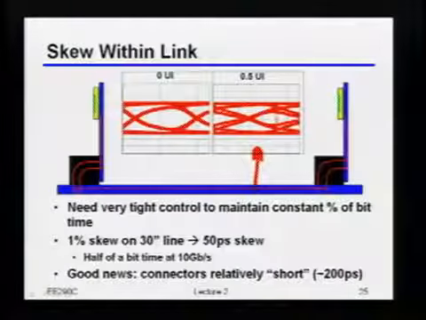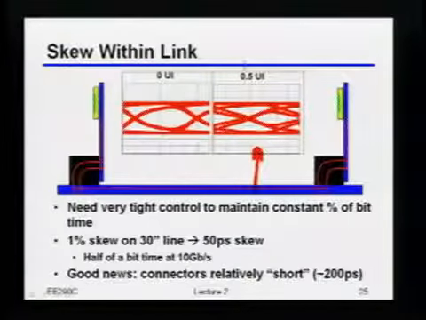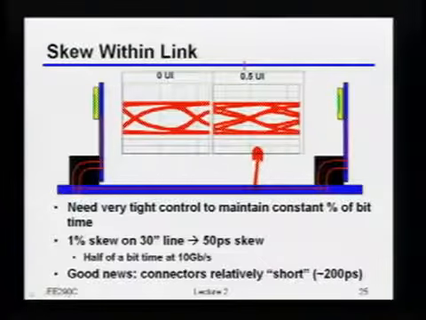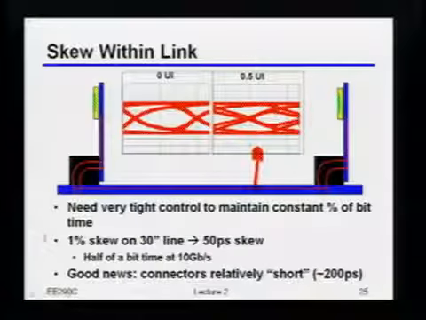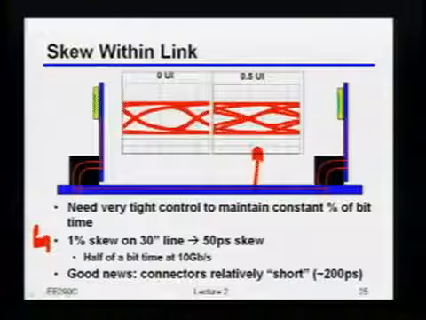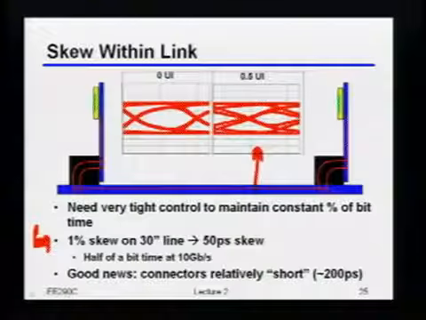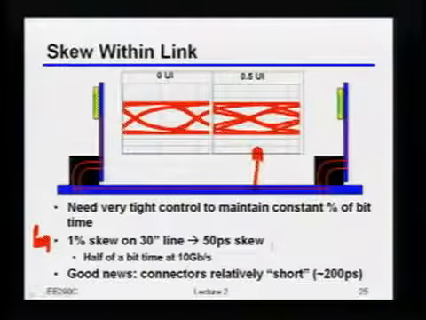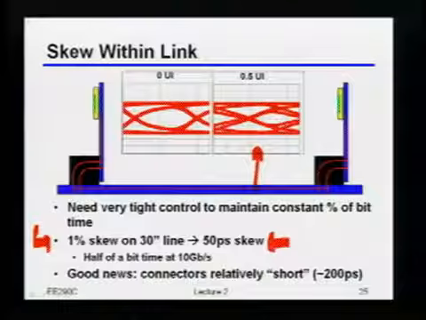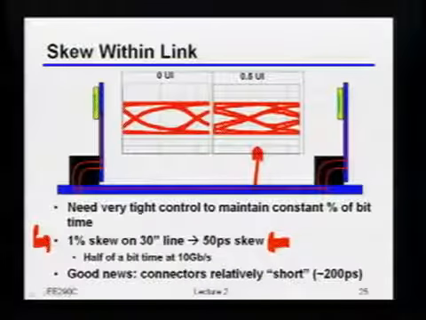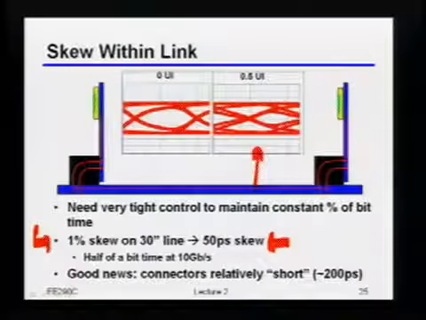Okay? And by the way, just to convince you that maybe half UI is not actually that hard to pick up if you weren't careful about it, if you just think about a 30-inch line, if I just had 1% skew on that 30-inch line, that's 50 picoseconds. Okay? So if I'm going at 10 gigabits per second, that's indeed half of my bit time.